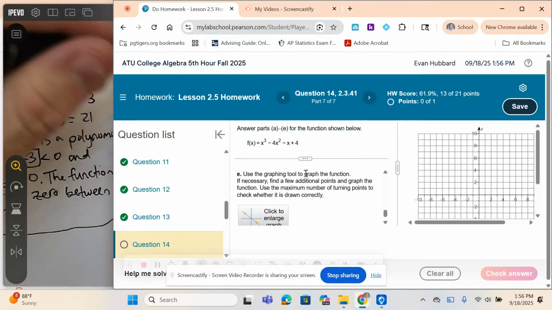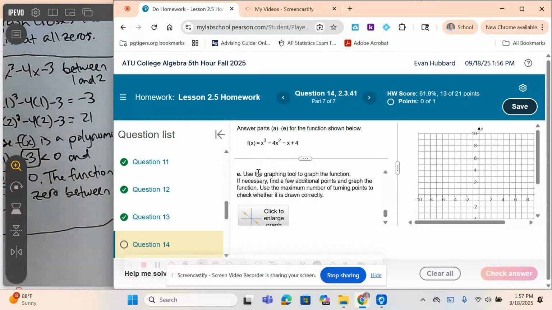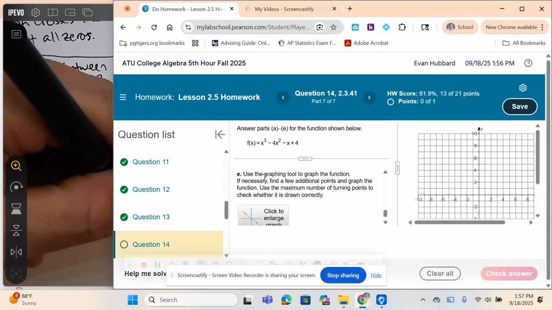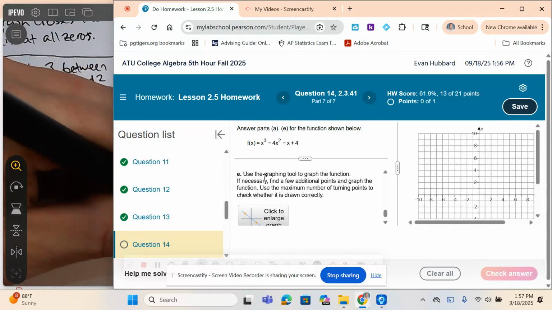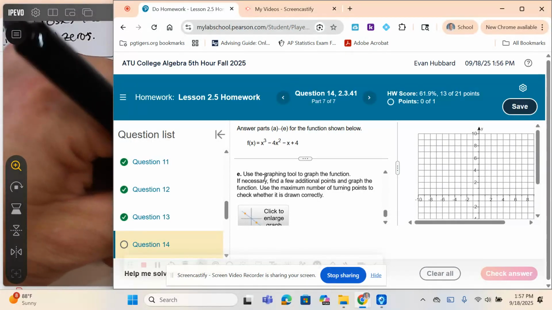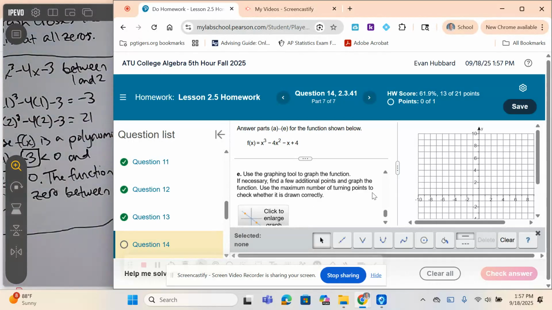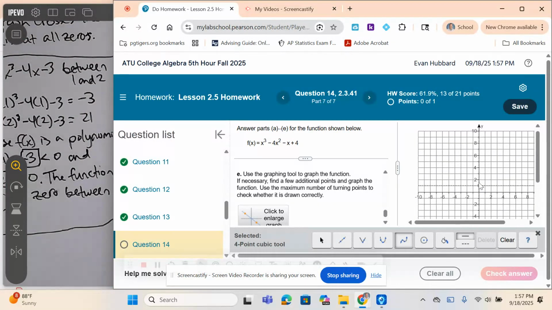Now we're going to use the graphing tool. The maximum number of turning points is going to be 3 minus 1, so it's 2. So quickly enlarge the graph. I need 4 points. The x-intercepts are negative 1, 1, and 4.